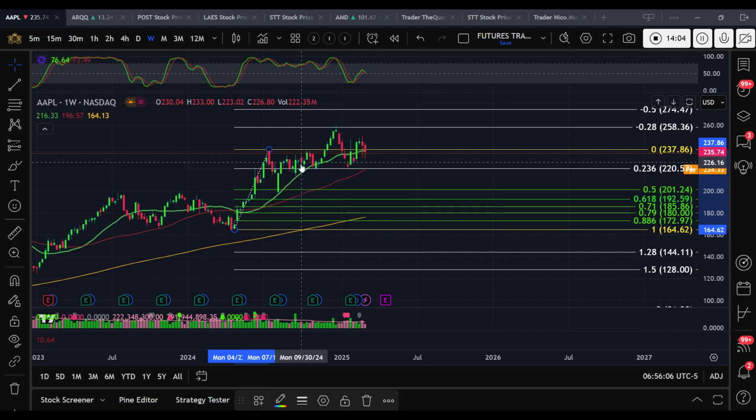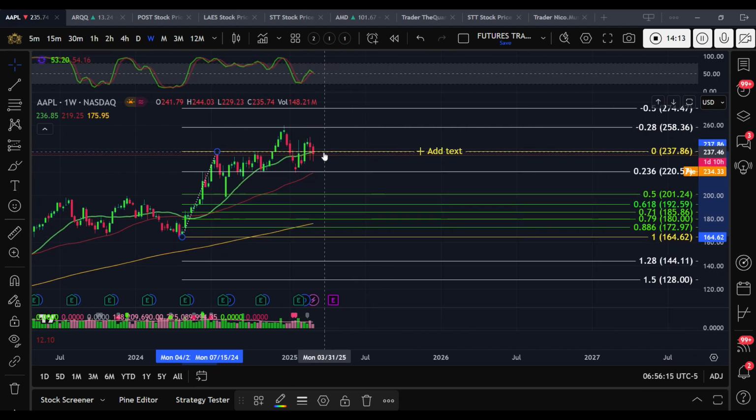So we've retraced into the 50, consolidated, going to our first profit target. We certainly have to go back. Having been to that first profit target, we've been back to the 236 on the weekly chart, based on our stochastic.